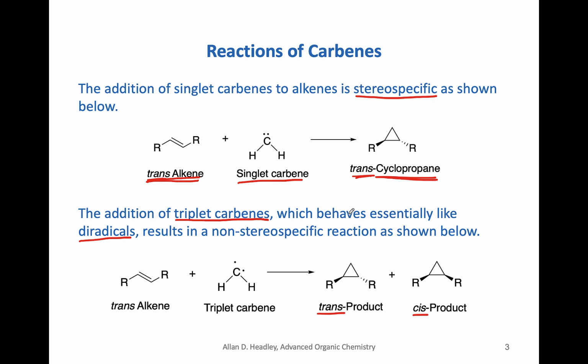So it's not a stereospecific reaction here because you do not get a specific stereoisomer as the product. But for our study here, we're concentrating more on the singlet carbene, and it gives the trans, it's stereospecific. So if this were trans, it gives the trans, and if it were cis, as you'd expect, it would give the cis cyclopropane.